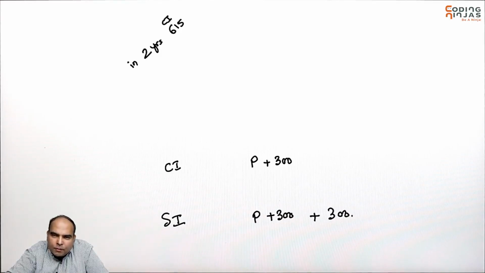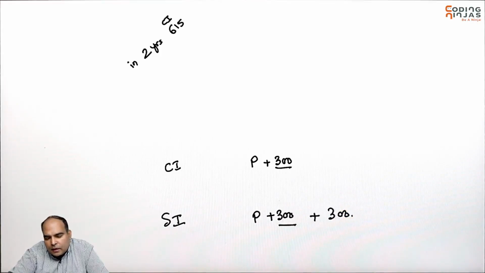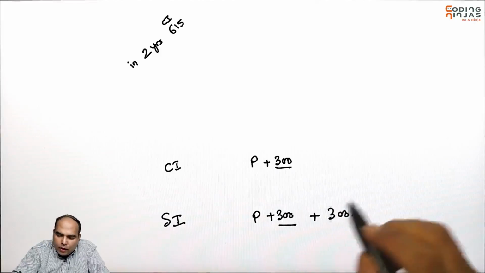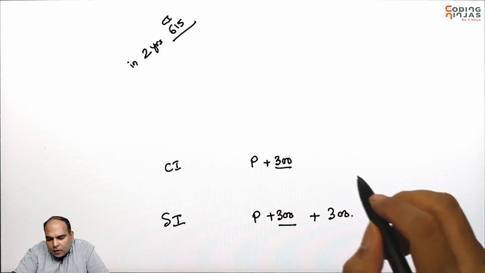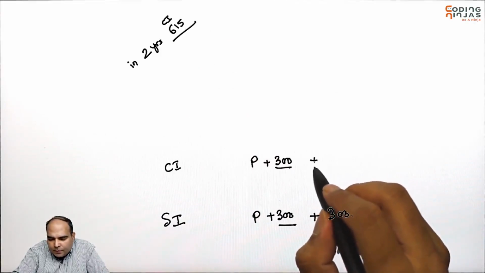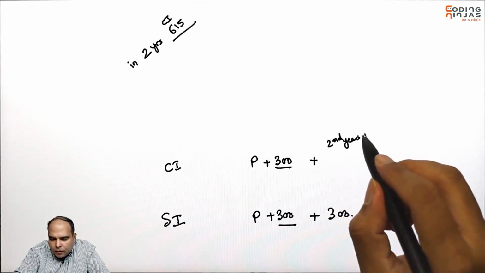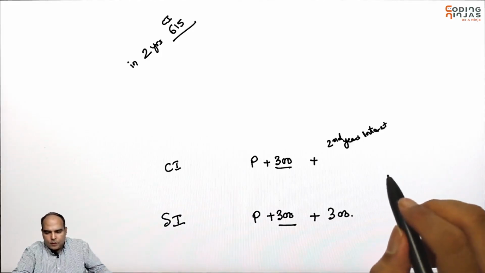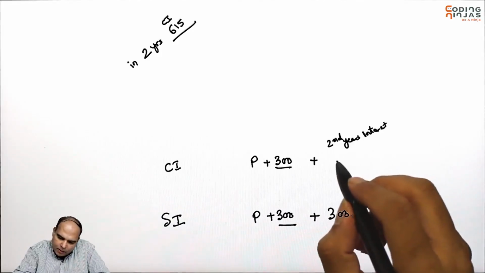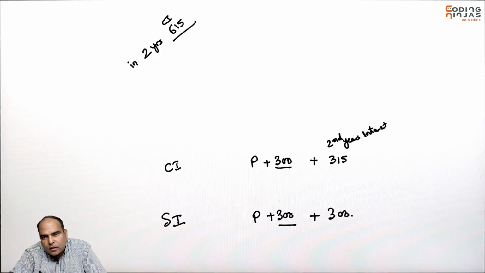Since the simple interest was 300, we can take the compound interest for the first year as 300. And because the total compound interest is 615 in 2 years, the interest for the second year will be 315, because that's the only way to get 615 as total interest.